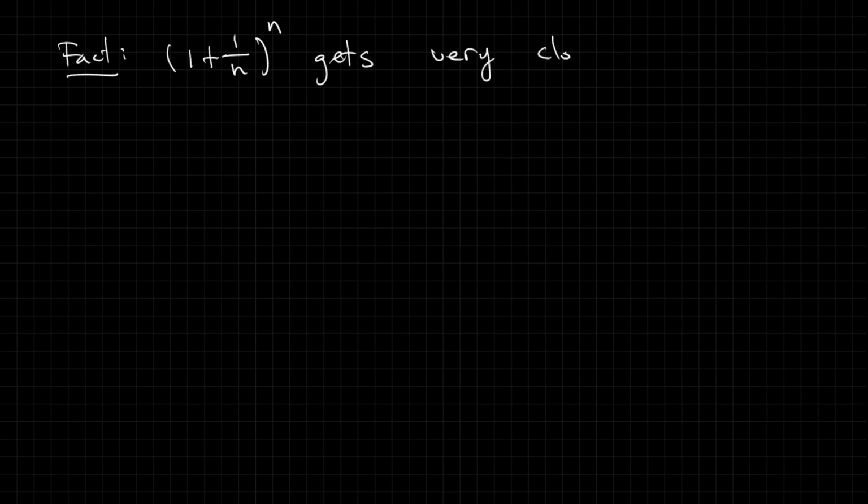So it turns out, here's a fact: 1 plus 1 over n to the n power gets very close to a finite number as n gets very large.